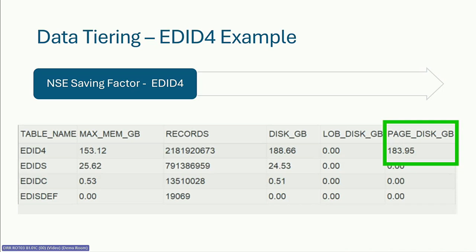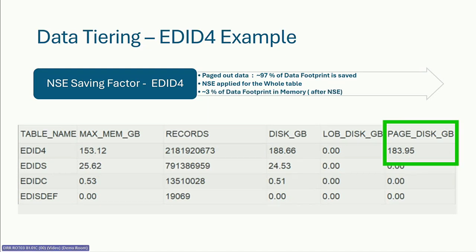So how did I achieve this 183 GB? Basically, I had 97% savings from my memory footprint. How did I achieve this? I applied it to the whole table. Usually, technical tables are reasonably okay to consider as a whole table for NSE, but it also depends on the case. Now, with that, only 3% is left in the memory.